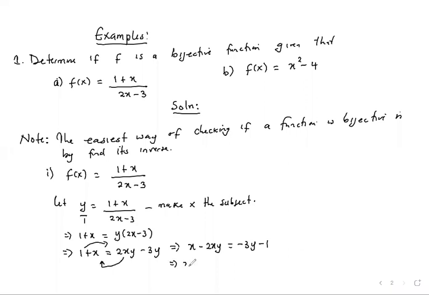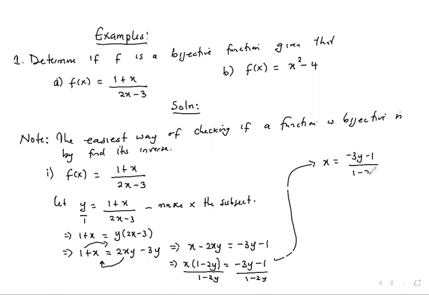So that we get x(1 - 2y) is equal to negative 3y minus 1. So we now divide by 1 minus 2y. We now have x is equal to (-3y - 1) over (1 - 2y). So f inverse of x is equal to (-3x - 1) over (1 - 2x).